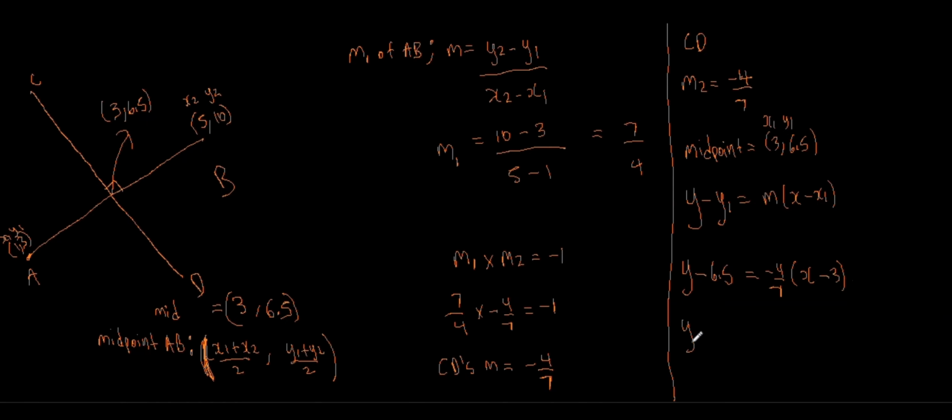So we have y minus 6.5 equals minus 4 on 7 x plus 12 on 7.